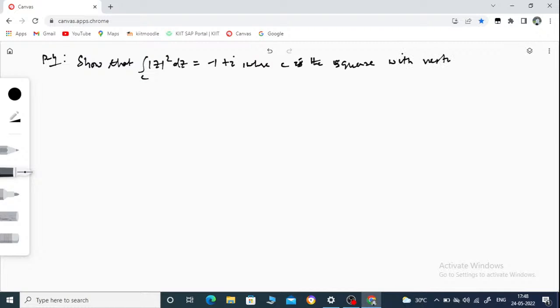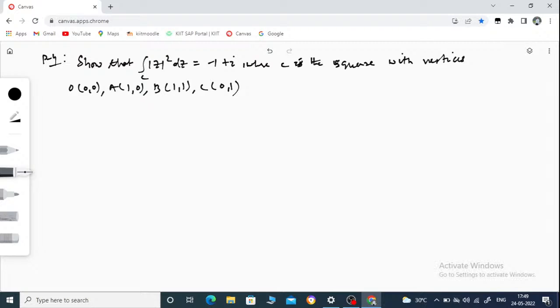Let the problem be to show that the integration over C of mod z square dz is equal to minus 1 plus i, where C is the curve, the square with vertices O whose coordinate is 0 0, A whose coordinate is 1 0, B whose coordinate is 1 1, and C whose coordinate is 0 1.